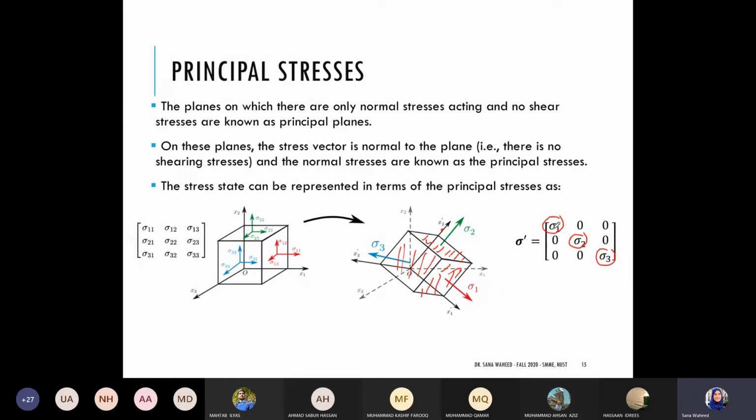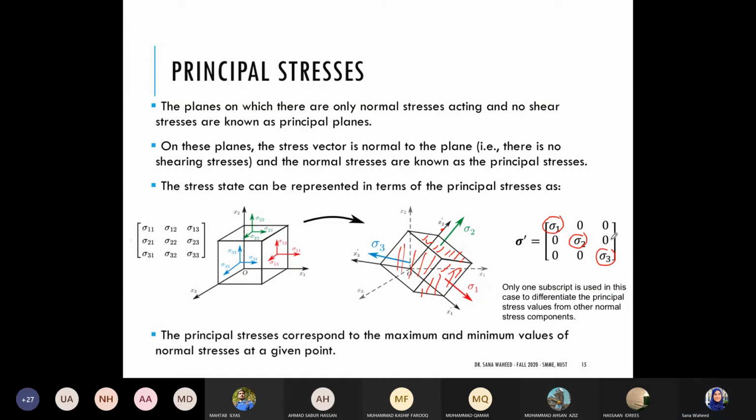And these normal stresses, sigma 1, sigma 2, sigma 3, are going to be the maxima or the minima of the normal stress at that point. And these sigma 1, 2, 3 are the stress tensor's principal values. Okay.